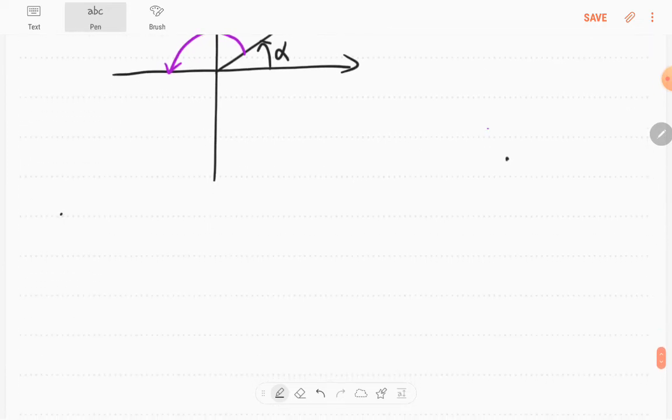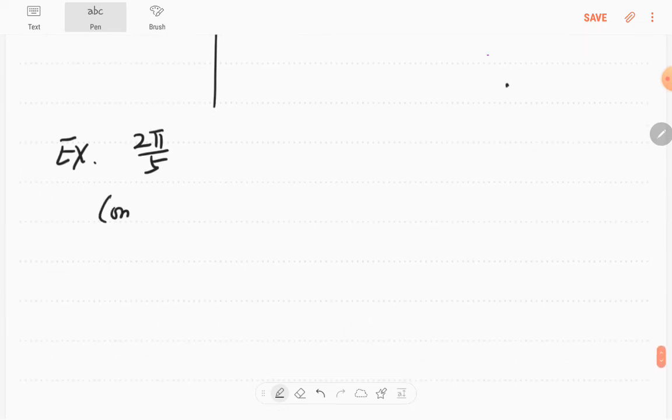So now let's look at if you have 2 pi over 5. What is the complementary angle? Because we add another angle, it should be equal to pi over 2, right? So if you subtract 2 pi over 5 from pi over 2, then you will get its complementary angle. So which is pi over 2 minus 2 pi over 5.